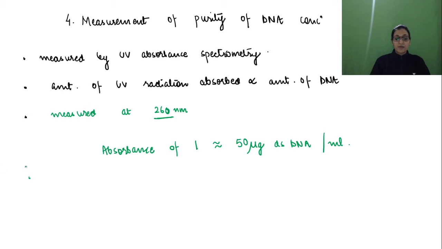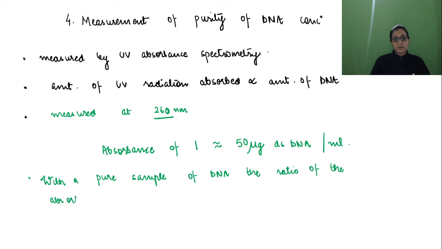So let us write: with a pure sample of DNA, the ratio of the absorbance at 260 nanometer and 280 nanometer, called A260 to A280, is 1:8.